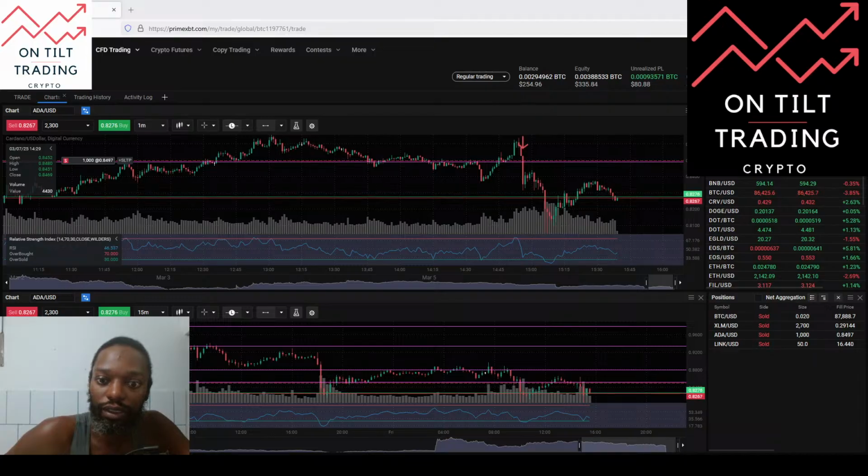We can also see that we were oversold here. So we're approaching target, and we can see these extreme wicks on these candles. We can see the volume profile, as I mentioned, very aggressive selling.